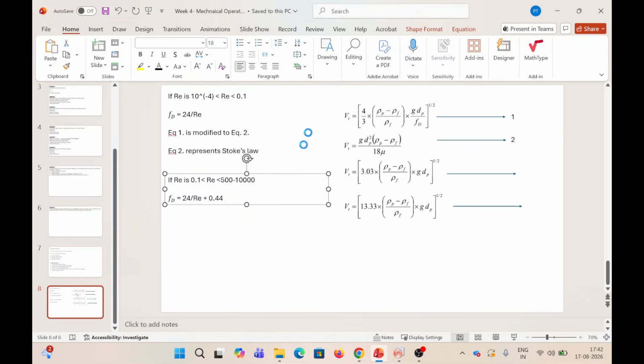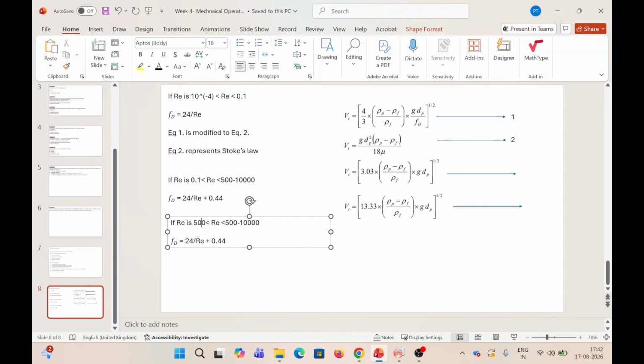Now if the value of the Reynolds number is between 500 to 10 power 5, then fd is going to be a constant value 0.22.